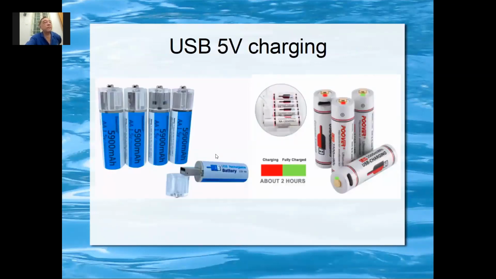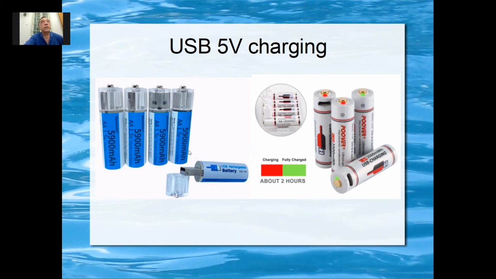Okay, so very common are the AA battery and the AAA. If you want to migrate over from the old technology like heavy duty or alkaline batteries, you can consider this type of USB 5 volt charging battery. This type of battery is 1.5 volt, although the lithium battery is 3.7 volt.